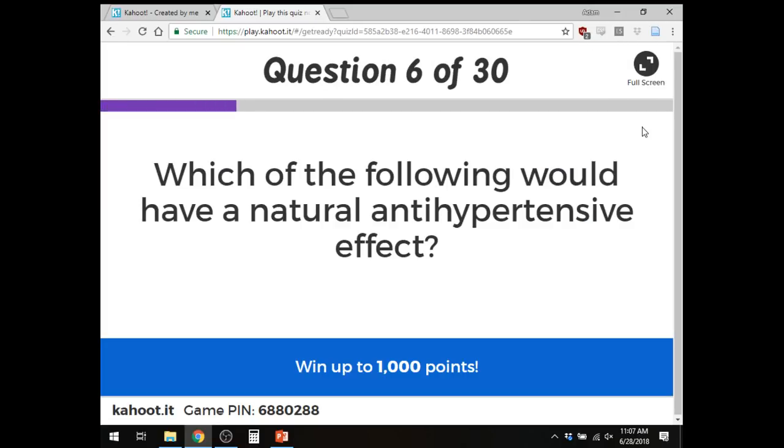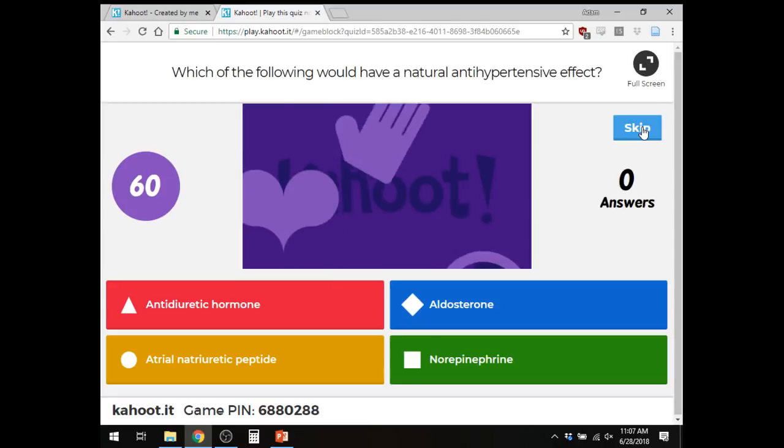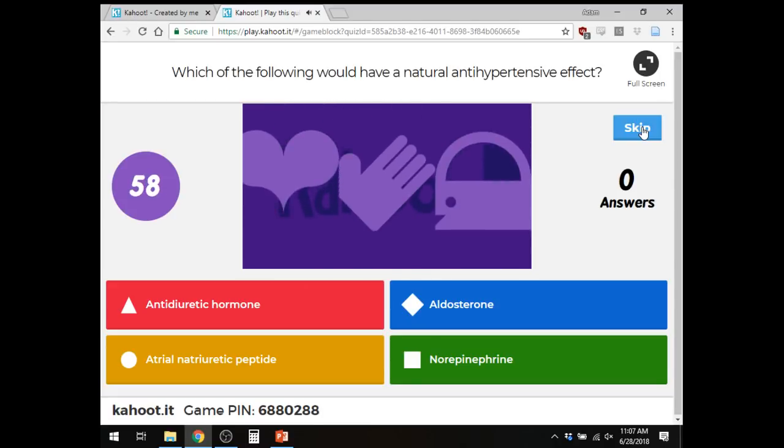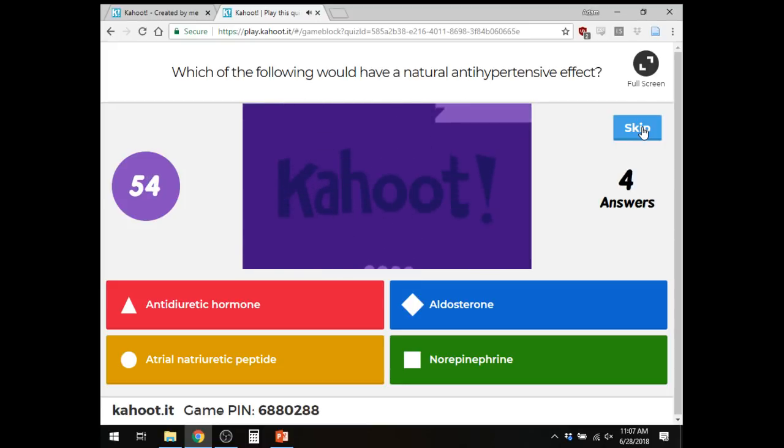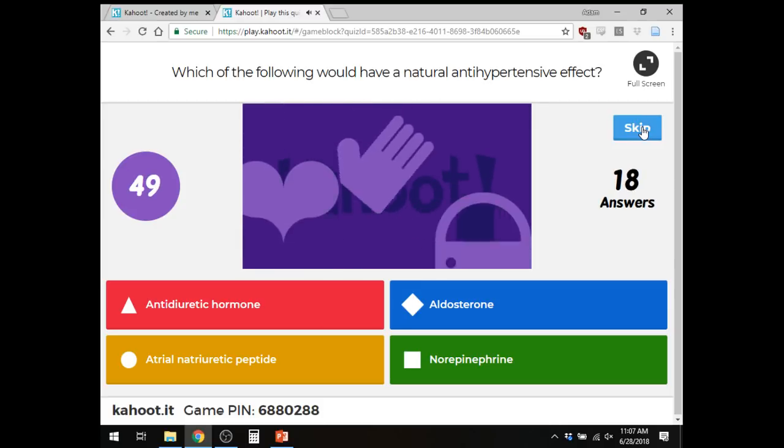Which of the following would have a natural antihypertensive effect? Which hormone? The antidiuretic hormone, aldosterone, atrial natriuretic peptide, or norepinephrine? What do we think would have a natural antihypertensive sort of effect?